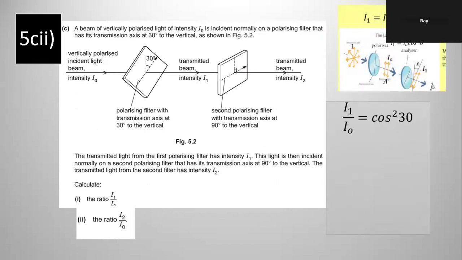Use the same formula. This one we have calculated earlier. Now is part 2, I2 over I1. Another 30, another right angle, perpendicular is another 60 degrees. So 30 and then 60.